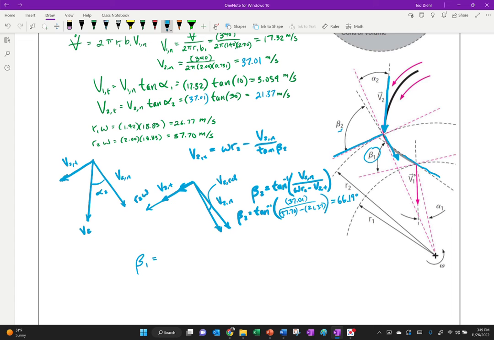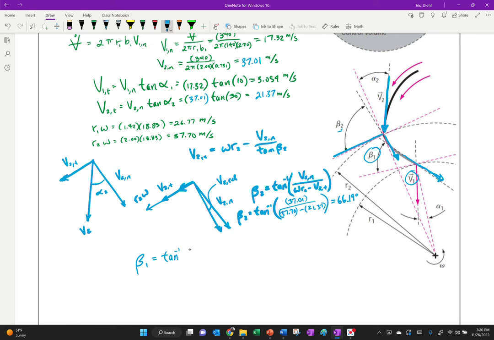It's all about the normal component and the tangential component creating the actual component, but now we want the relative component, which is going to be right here, to be aligned with that blade, right? That's the big idea. Getting the geometry exactly correct is a nice thing to do, to be able to understand the concept, but not necessarily to plug and chug these numbers in.